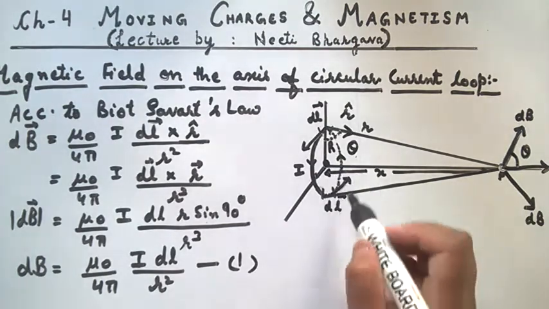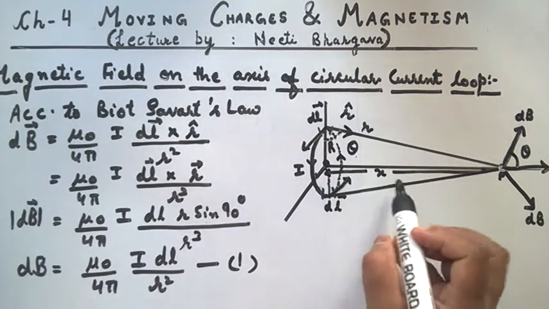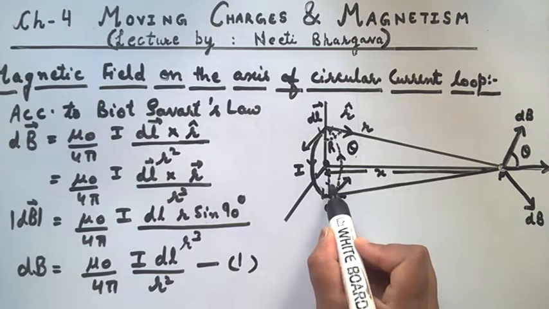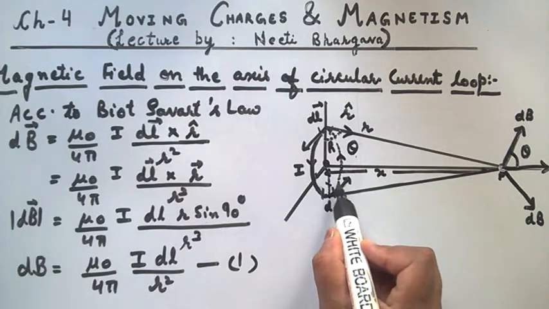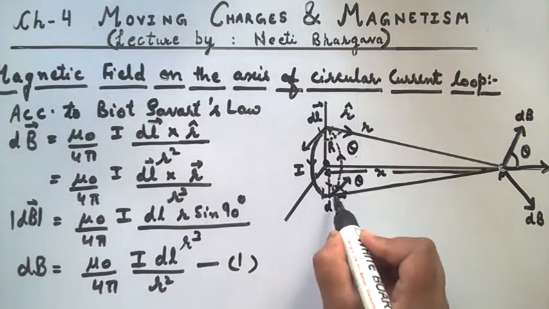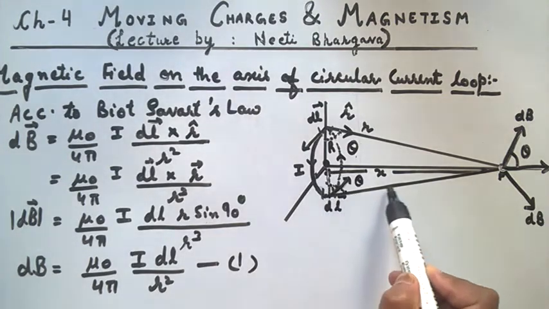Similarly, if r and this r are making an angle theta here, their perpendiculars will also make the same angle.